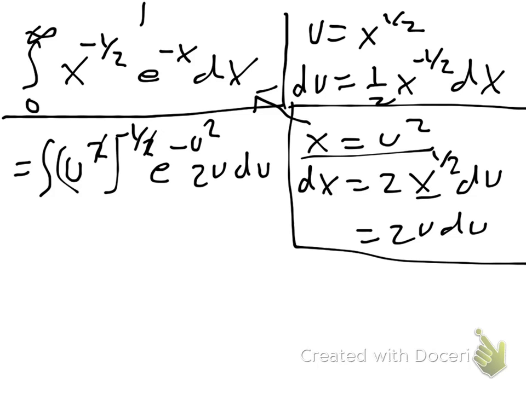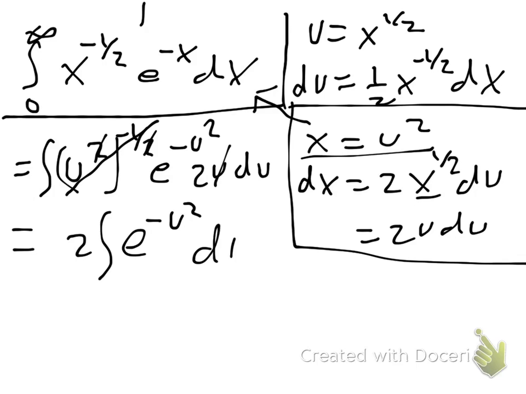Now these 2's cancel, and this is u to the minus 1, and this is u, so the u cancels with the 1 over u, and it turns out that our integral is just equal to 2 e to the minus u squared du.